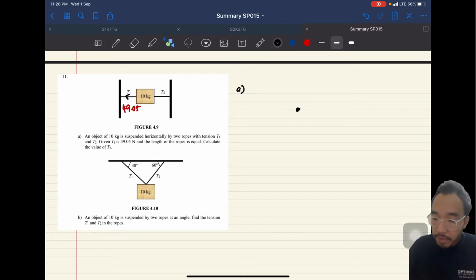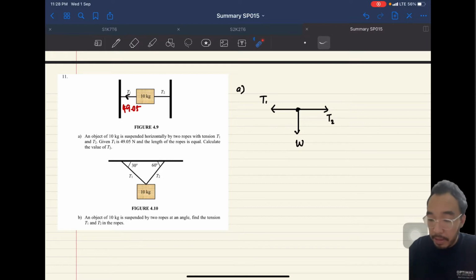If I want to draw my free body diagram, I will have tension going to the left and to the right, and my weight going downwards. So this will be T2, this will be T1, and this is my weight. It's supposed not to be moving because it is suspended, so you expect that a equals 0, or that it is at equilibrium.